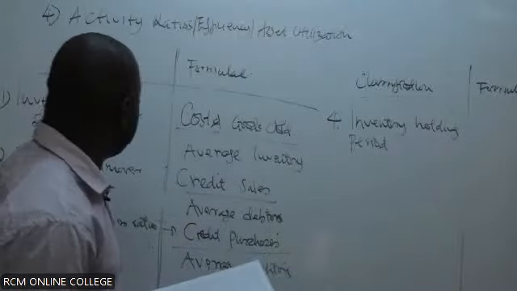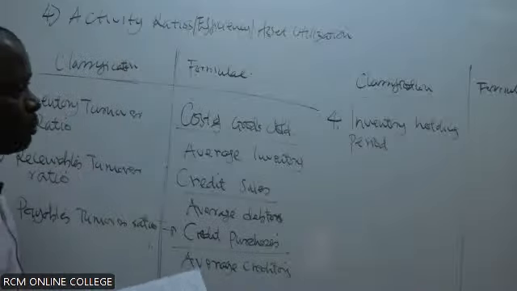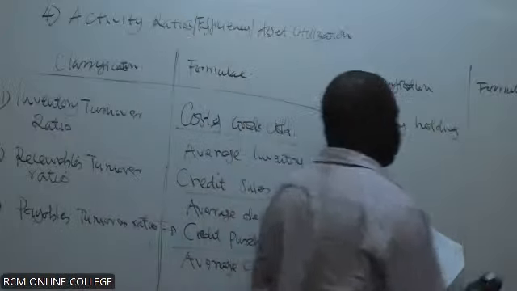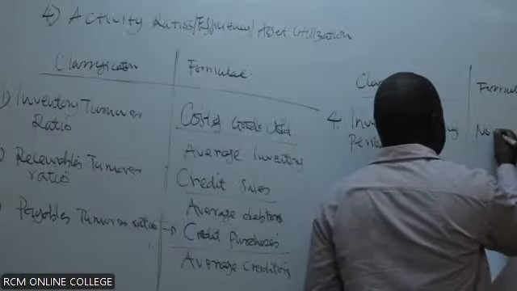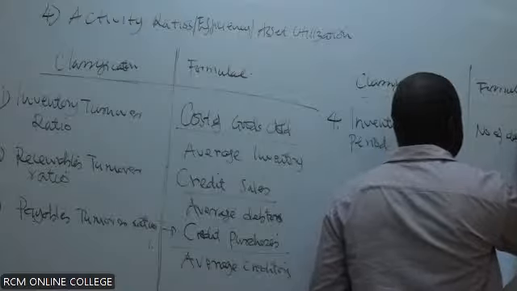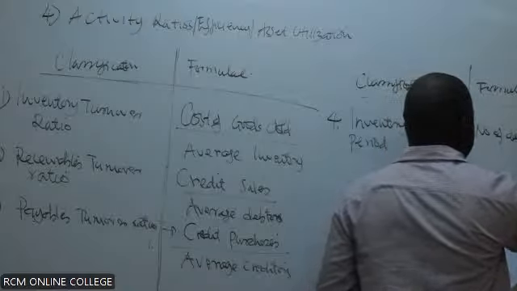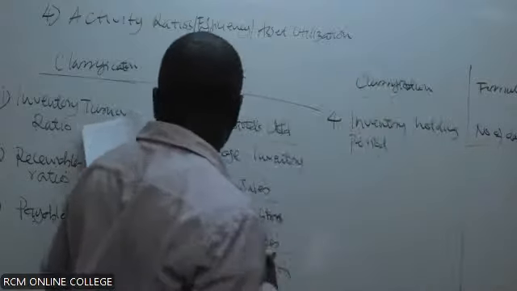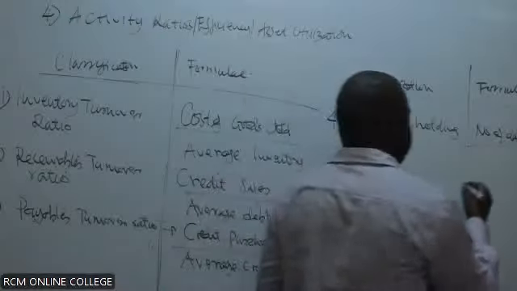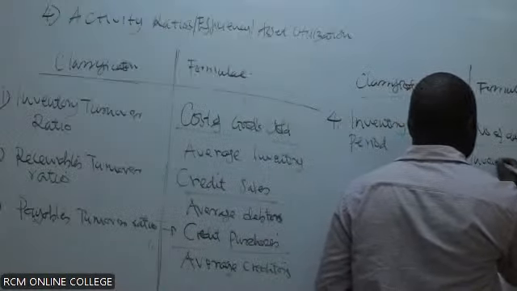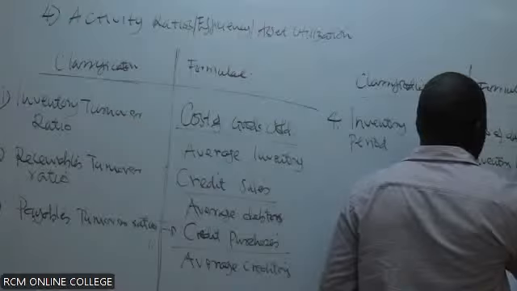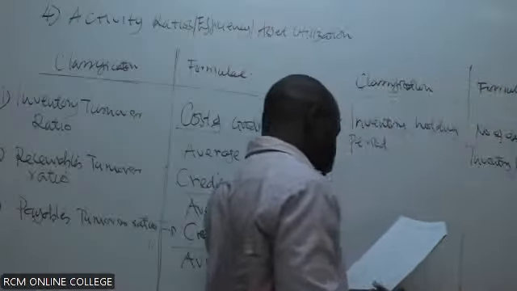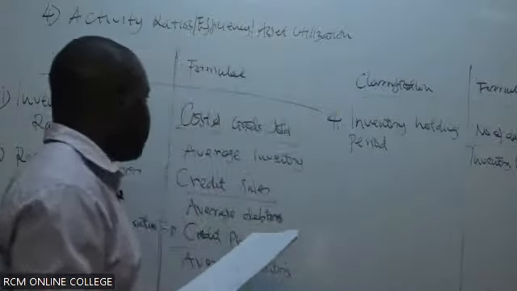So in this case, there are two formulas that you can use. You can either take the number of days in a year, then you divide by this ratio, the inventory turnover ratio, or the stock turnover ratio.